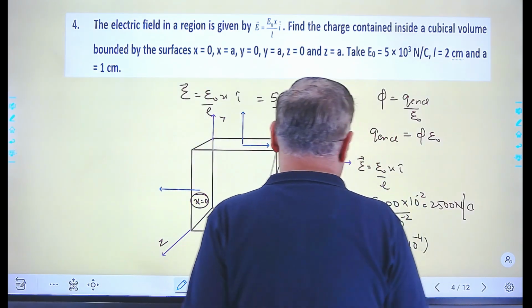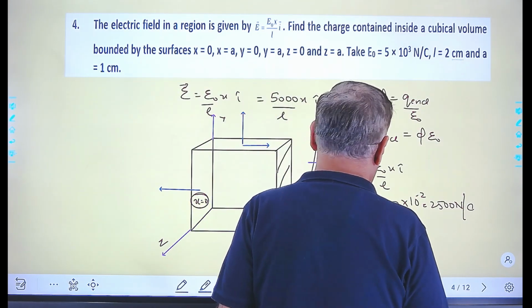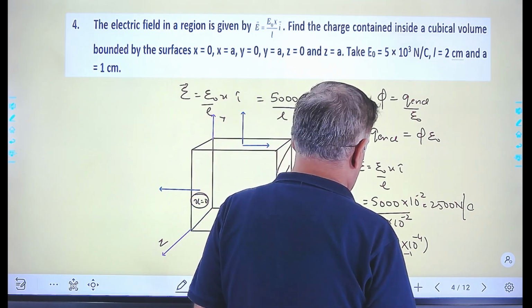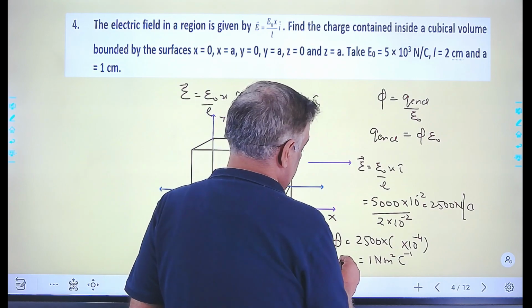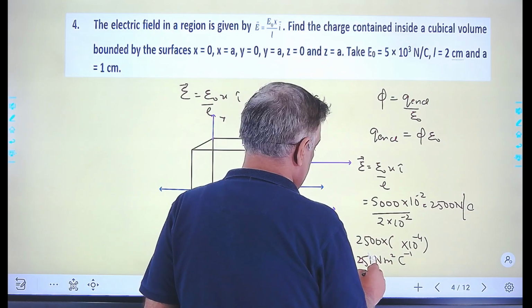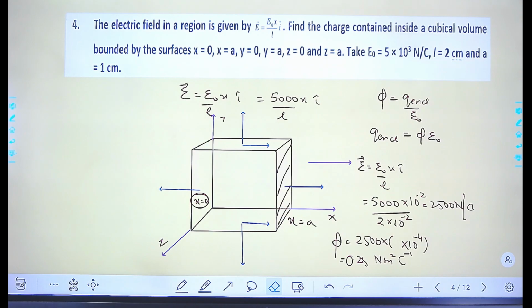Side of cube is 1, and this is 2500, so 0.25, not 1. Because the area that was given, the side of the cube, is 1, it is not 2. I had solved it taking 2, you have to take 1. If you solve with 1, you will get the answer.